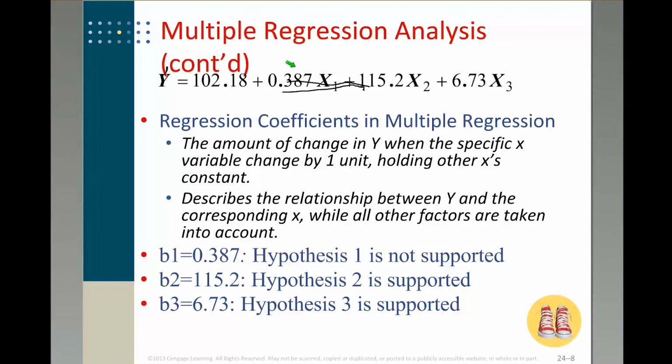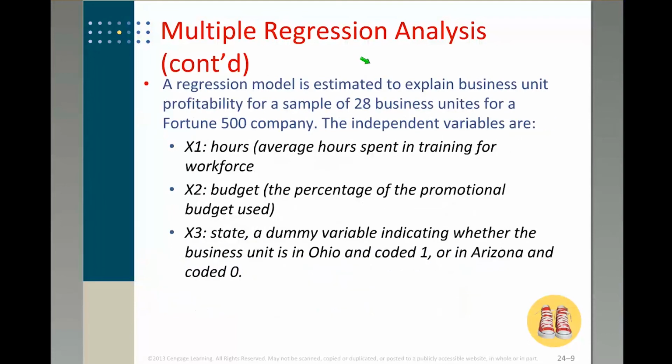If we find out that beta 1, which is estimated to be 0.387, to be positive or 0, we'll be able to tell that hypothesis 1 is not supported. And for the second, if we find beta 2, which is estimated to be 115.2, if we find that to be positive, we will be able to conclude that hypothesis 2 is supported.